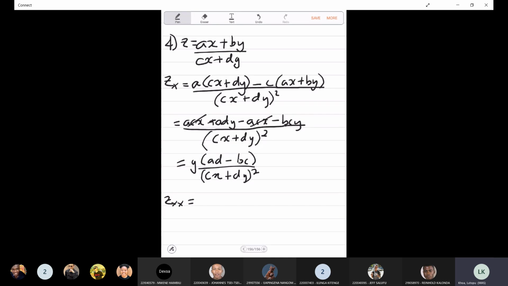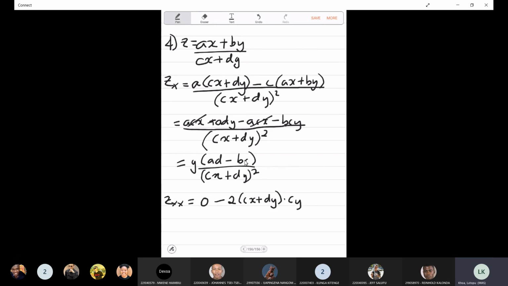Okay, so if we use the quotient rule, in the numerator, we have the derivative of the numerator multiplied by the denominator. That is just 0, because there's no X there. Then you subtract the derivative of the denominator, which is 2(CX plus DY), then you multiply by C, and then you multiply by the numerator as it is.